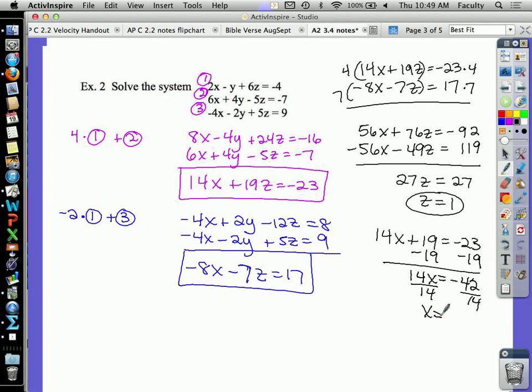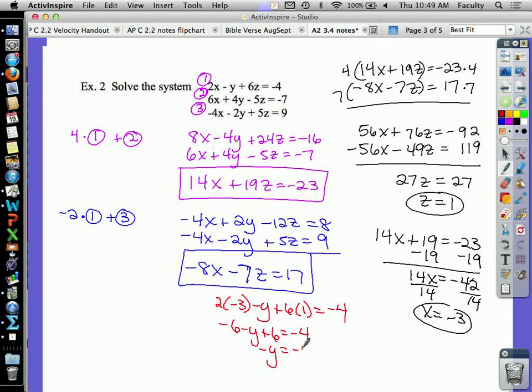Yeah. And then we're going to plug it into any of these first equations. So let's take 2 times negative 3 minus y plus 6 times 1 equals negative 4. Wasn't that nice? Negative 6 plus 6 cancels. Divide by negative 1 and y is 4. So our final answer would be negative 3, 4, 1.